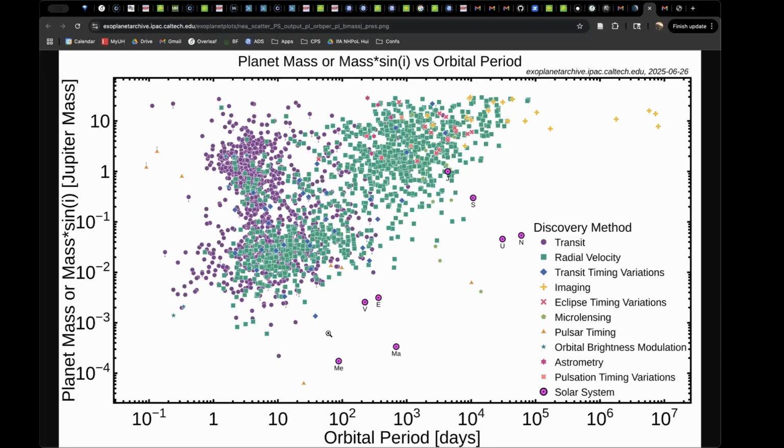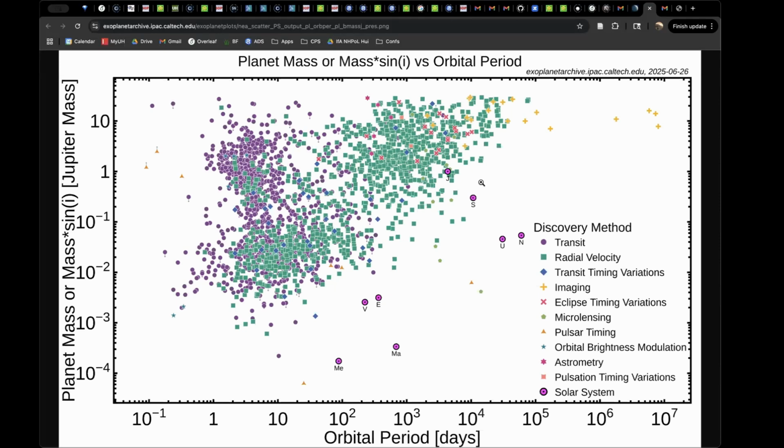Their transit depths are a little deeper and their transit probabilities are higher. For radial velocity planets, we're able to detect typically more massive planets because their radial velocity influence is larger. For imaging planets, we can only look at very massive and very distant companions because the contrast between planets and stars is quite large to get in direct imaging.